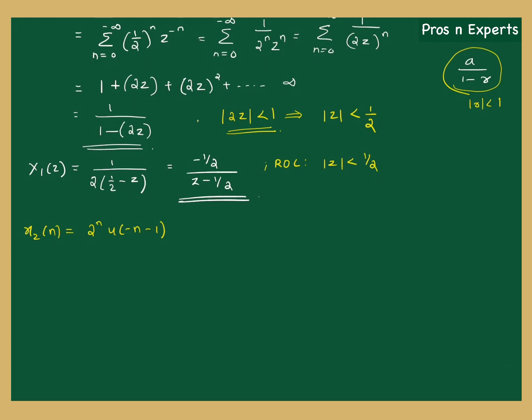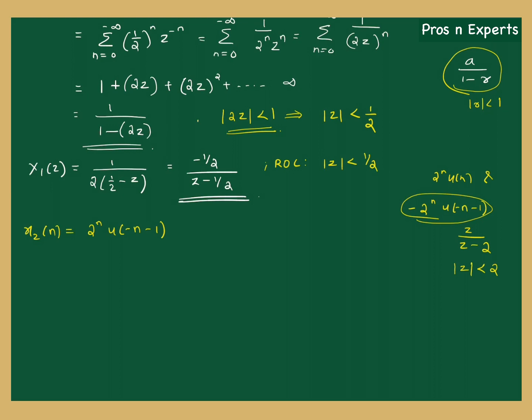So now we can write down the z transform of this signal straight away, because you know 2 raised to n u of n and minus 2 raised to n u of minus n minus 1 will have the same z transform, that will be equal to z by z minus 2. But the specialty is this signal is a left-sided signal, so the ROC will be mod z less than 2.